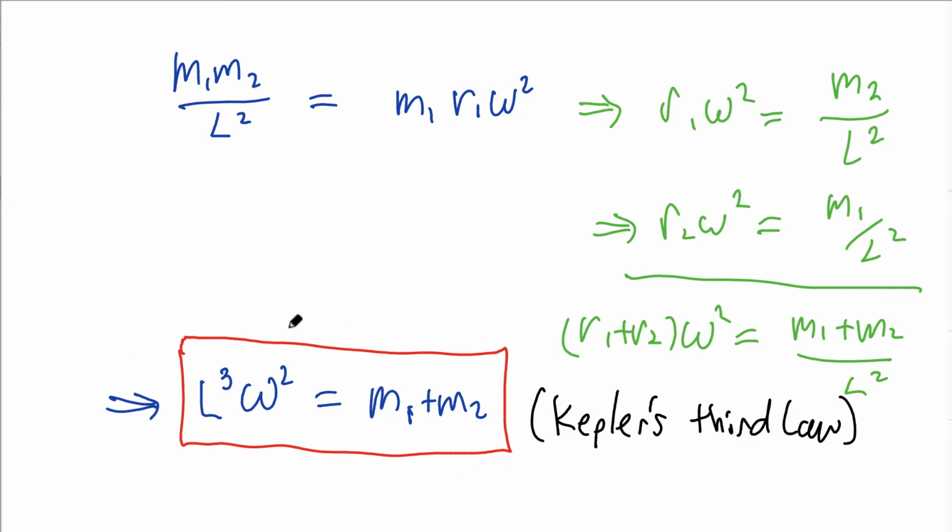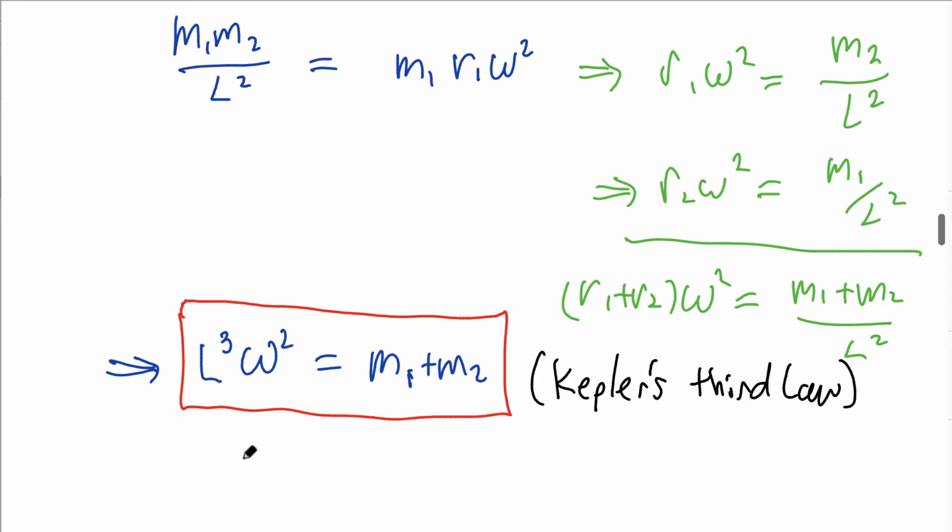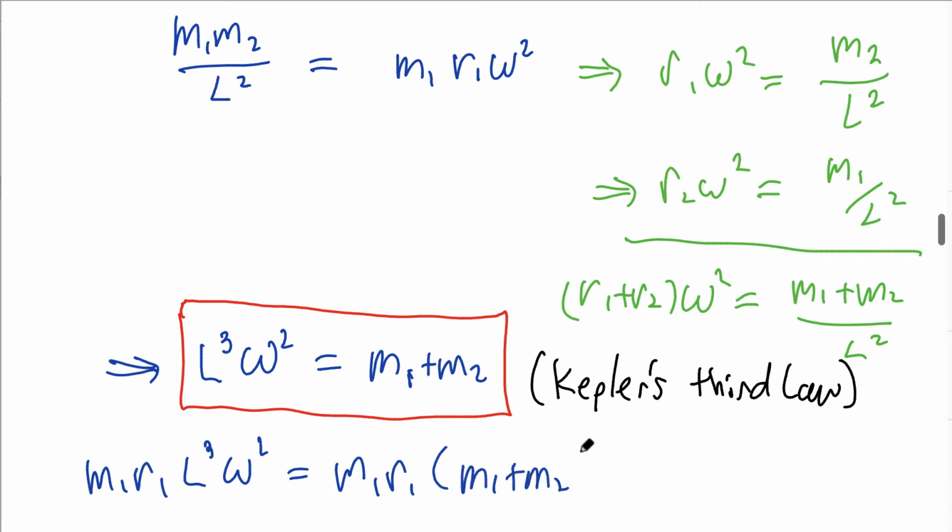Now let's multiply this result by m1 times r1. We have m1 r1 times L cubed omega squared equals m1 r1 times m1 plus m2. Now m1 times r1 times omega squared we can replace with m1 m2 over L squared.